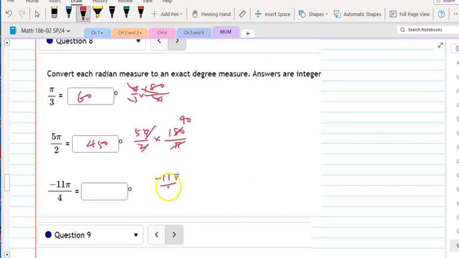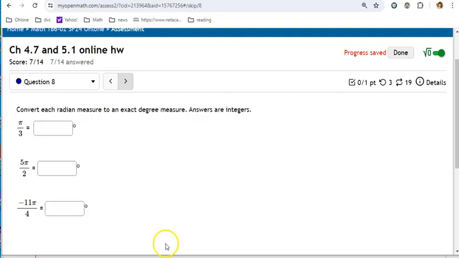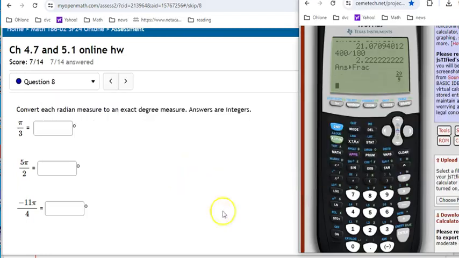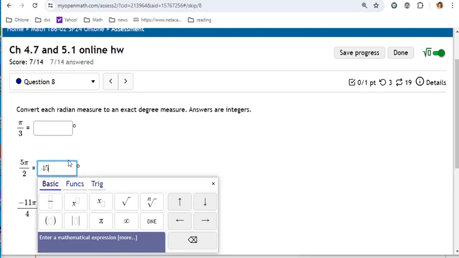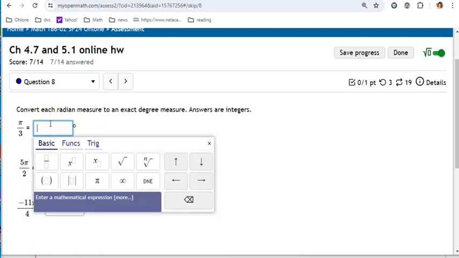Negative 11 pi over 4 times 180 over pi, because you want to cancel the pi. Divided by 4 is 45. 45 times negative 11, negative 495. I think this is 450. This is the 60.